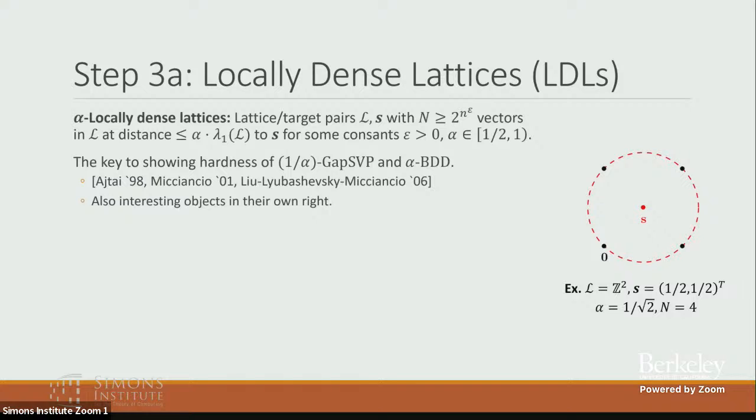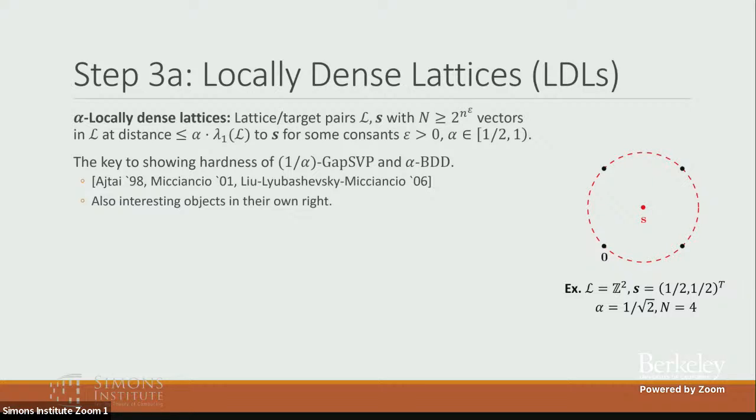So basically what Micciancio showed, and later Liu, Lyubashevsky and Micciancio showed for BDD, is that if you construct one of these gadgets for a given alpha, then you immediately get hardness of 1 over alpha gap SVP and of alpha BDD. So if you construct one of these gadgets, or a family of these gadgets, with a smaller alpha, then you've shown stronger hardness for lattice problems.